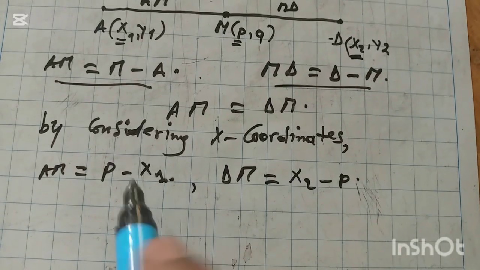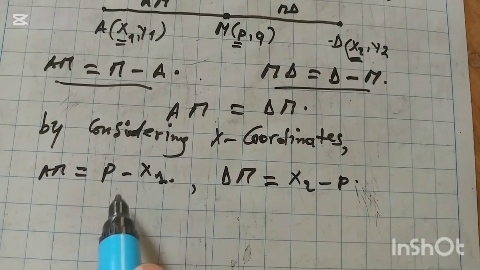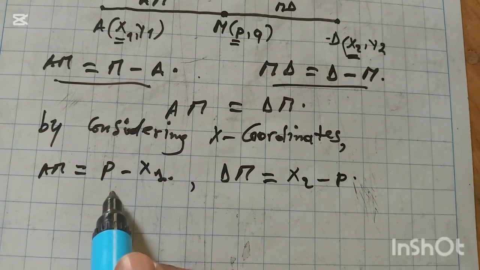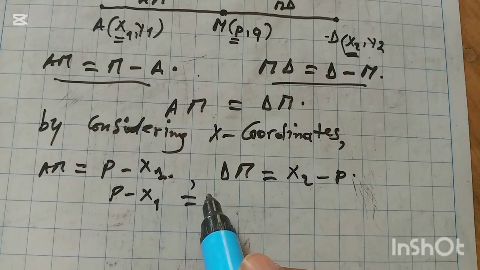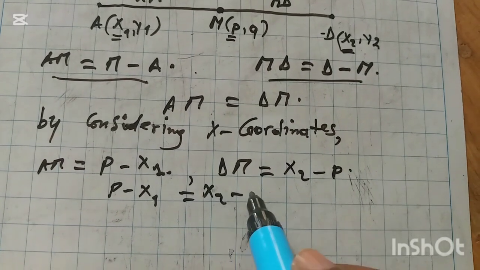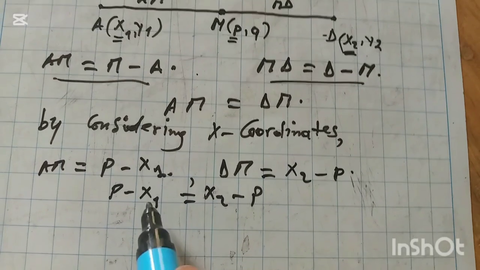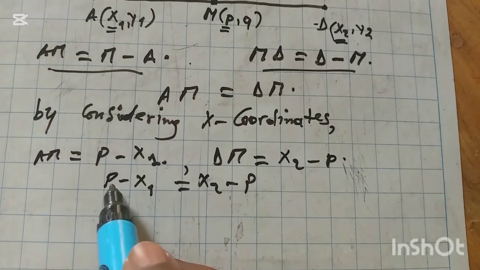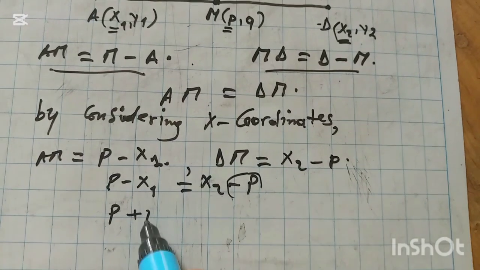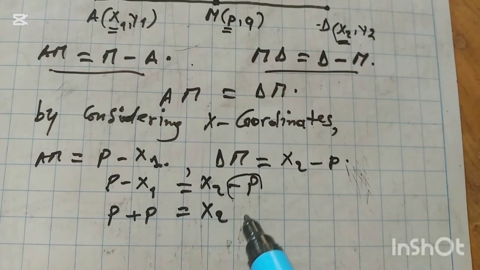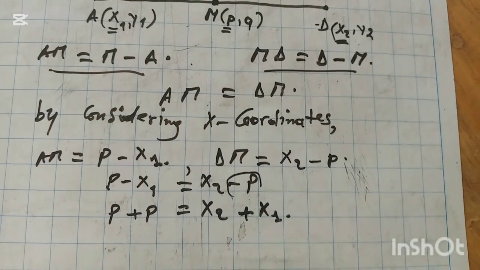This time we have P minus x1, which is equal to x2 minus P. So this P plus this P, by changing the side, will be x2 plus x1.